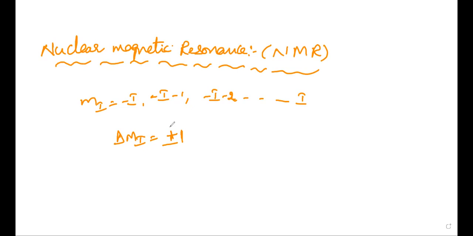This is used to determine the electronic structure by the fine structure of absorption, and the motion of the spin can be determined by changes in the line width.